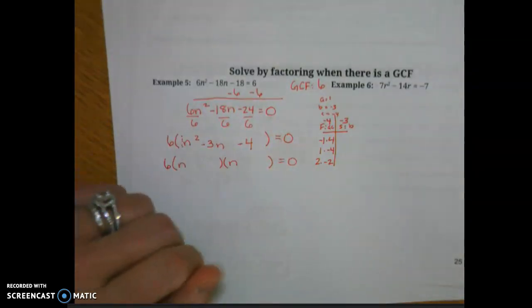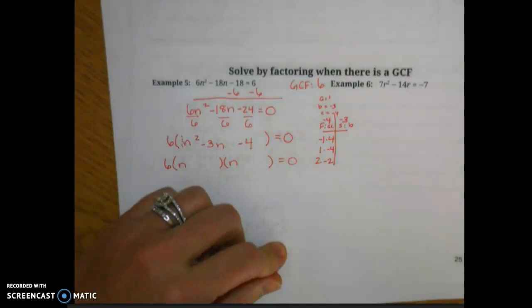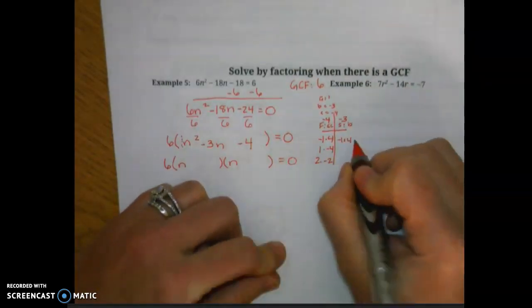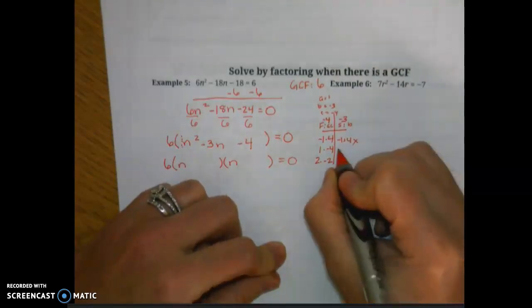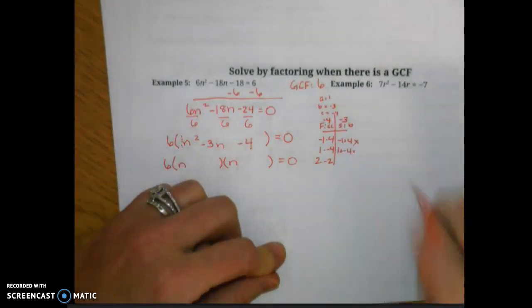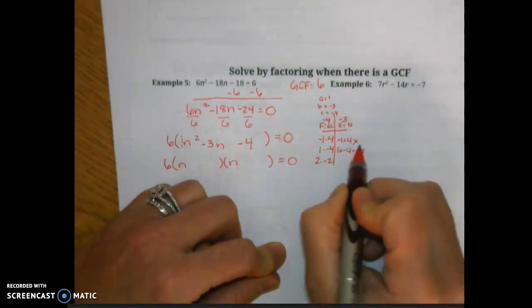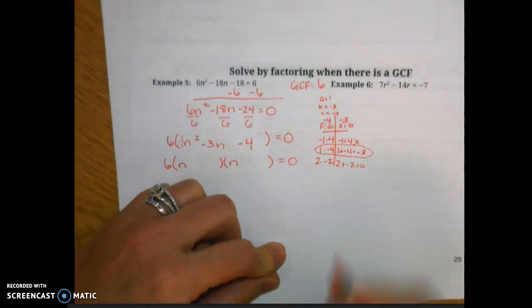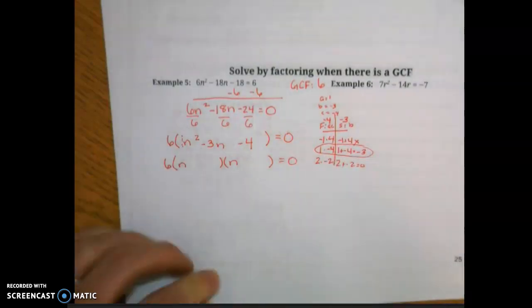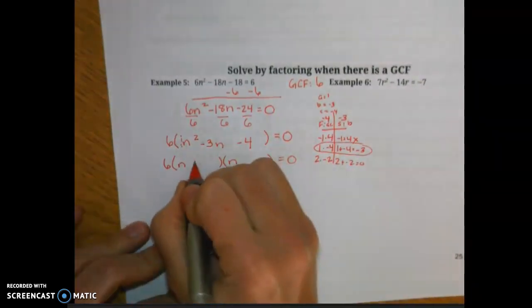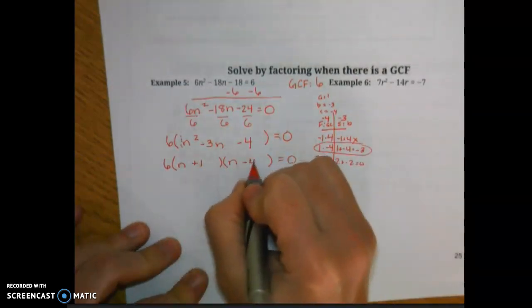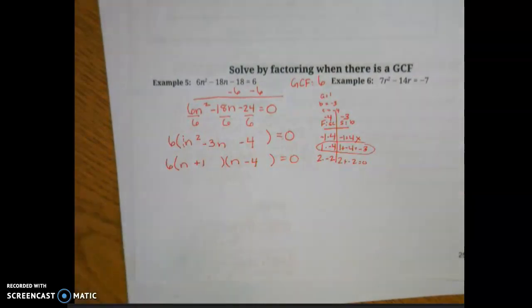If I add negative 1 plus 4, do I get negative 3? Nope, I get positive 3, so that doesn't work. If I do 1 plus negative 4, I should get negative 3, so that's going to be my perfect pair. But once you find your perfect pair, you don't really have to keep checking. So I have a positive 1, so n plus 1, and a negative 4, so n minus 4. If you had put them in the other order, that would have been fine too.